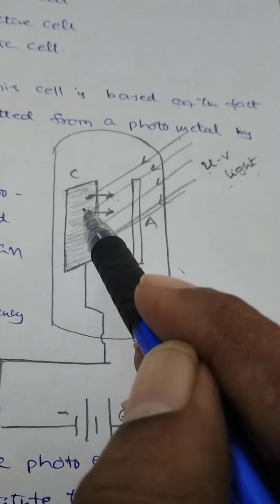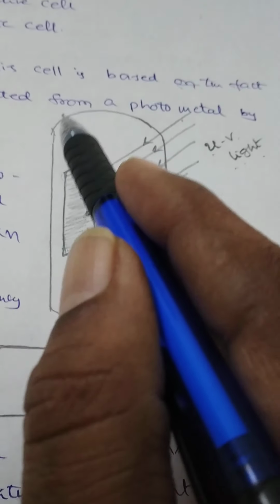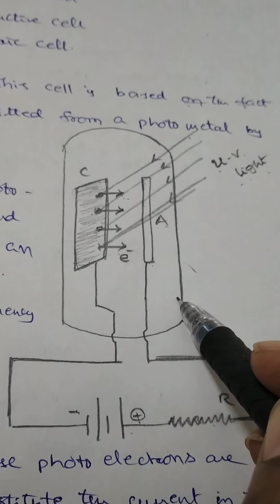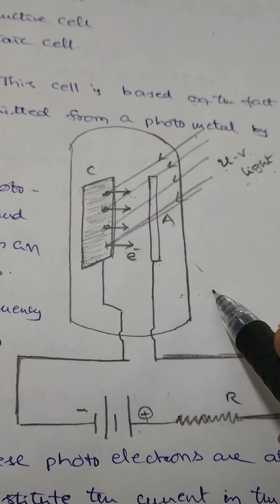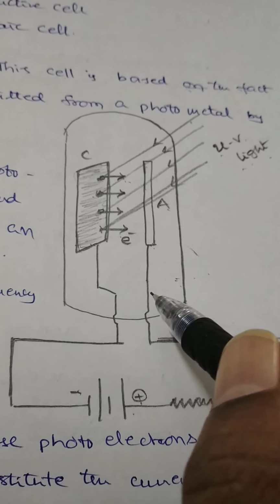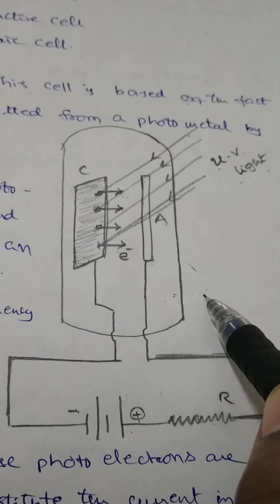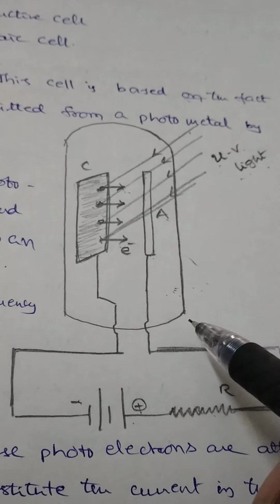Both C and A are lying inside the cylindrical tube. This is also a highly evacuated cylindrical glass or quartz bulb. Highly evacuated means pressure inside the bulb is approximately 0.